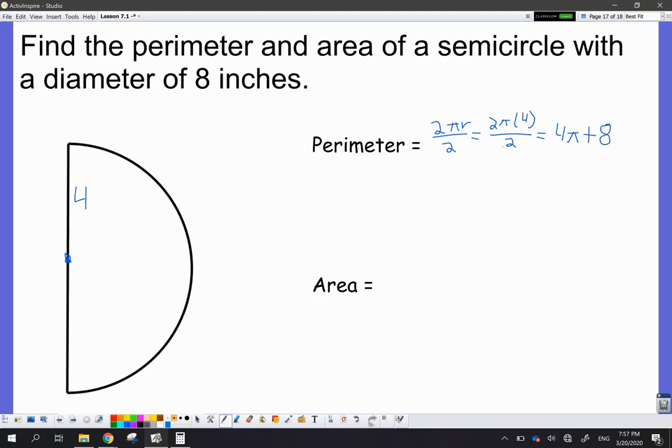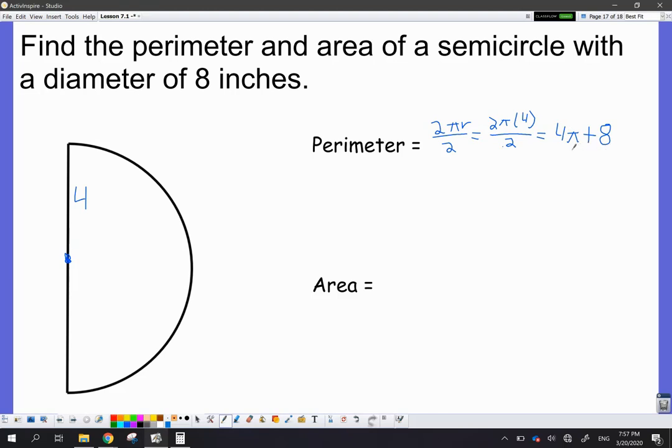Now, in exact form, this would be your answer. Because just like how you can't add a constant with an x, you leave those separate. Same thing happens with a pi. You can't add a pi with a constant, so you have to leave them separate.